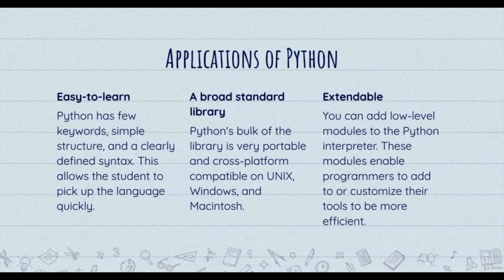And it's also interactive when it comes to communication between the language and the system. That means Python has support for an interactive mode, which allows interactive testing and debugging of snippets of code. So as I said, this is achieved through the standard library that they provide while we install it on our local machines.